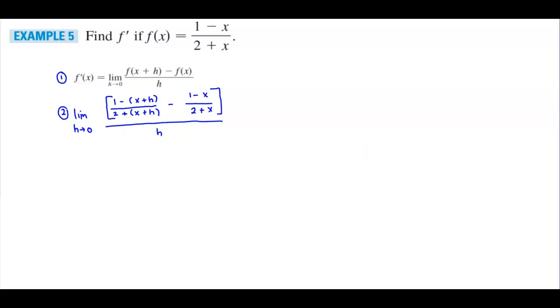So we multiply the numerator by 2 plus x plus h, since that is this denominator here, and then times 2 plus x, and we're also going to multiply that by the denominator.